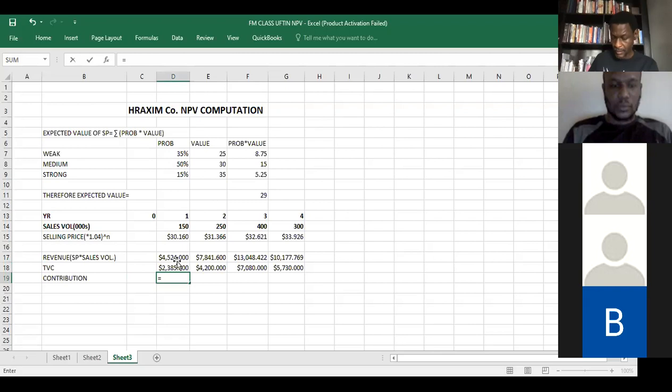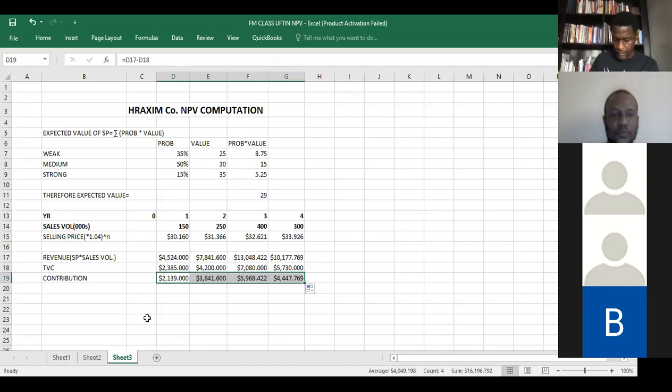This one minus the other one. And so we can drag that for all the years. And we're good. Then from there, we can get our fixed cost.